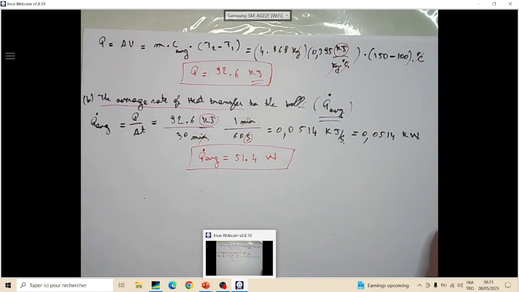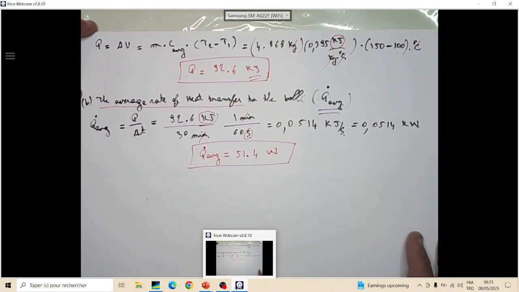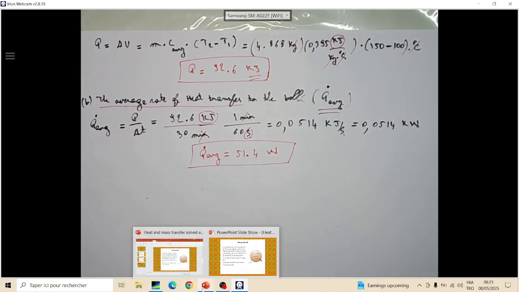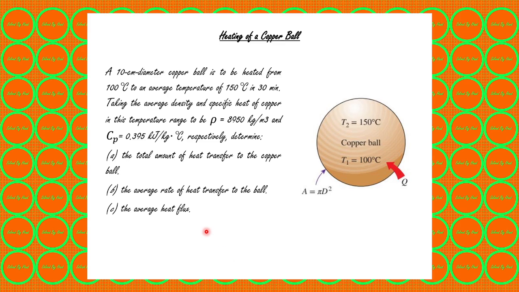Let's go again to question C. So what is question C? Let's go back to the statement of our problem. In question C we have to determine the average heat flux, which is small q dot.